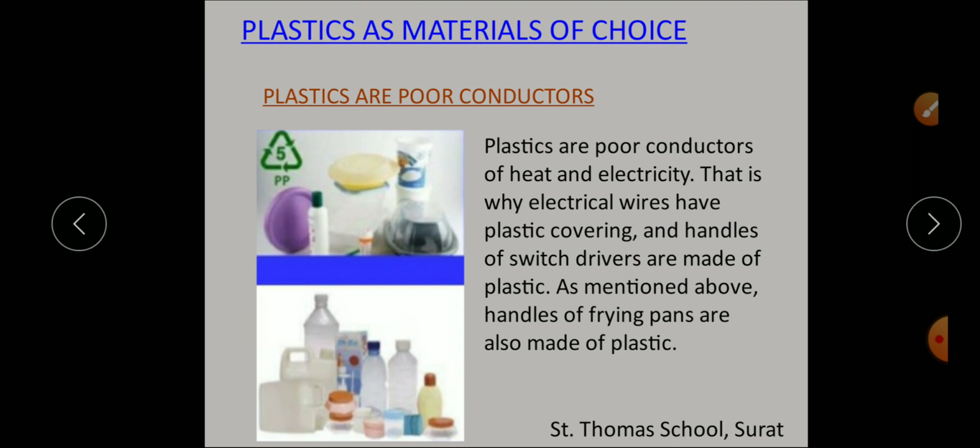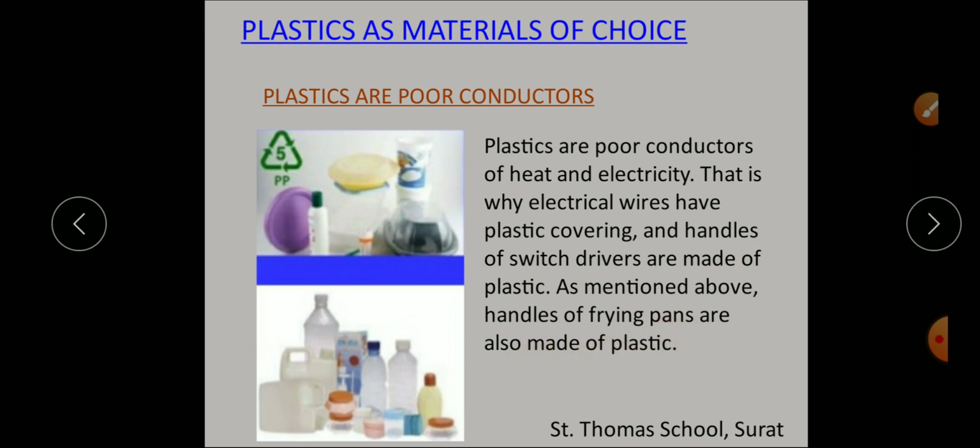So the third property is what? Plastics are poor conductors of heat and electricity. That is why electrical wires have a plastic covering, and handles of screwdrivers are made of plastic. As mentioned above, handles of frying pans are also made of plastic.